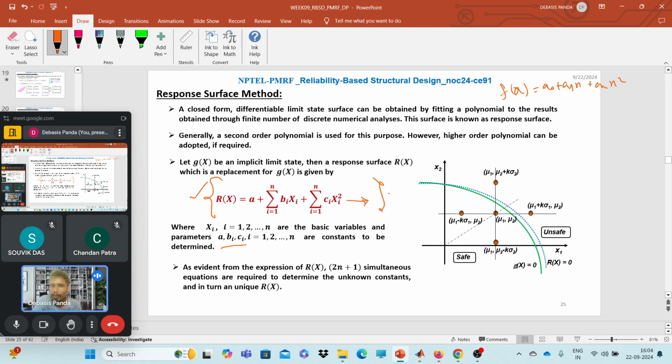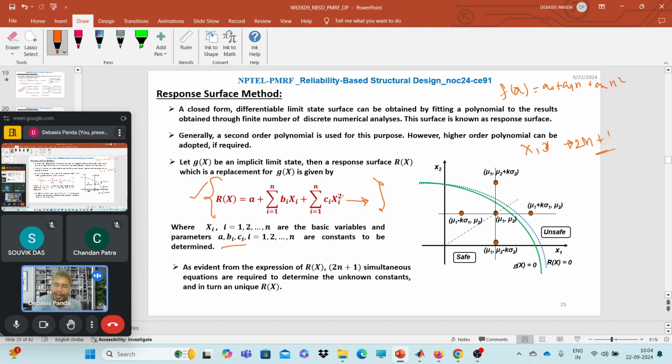Now what you need to do here, look, how many unknowns do we have? If we have two random variables x and y, we will have 2n plus 1 unknowns, where n is the number of random variables. So we need 2n plus 1 simultaneous equations to solve for those 2n plus 1 unknowns.